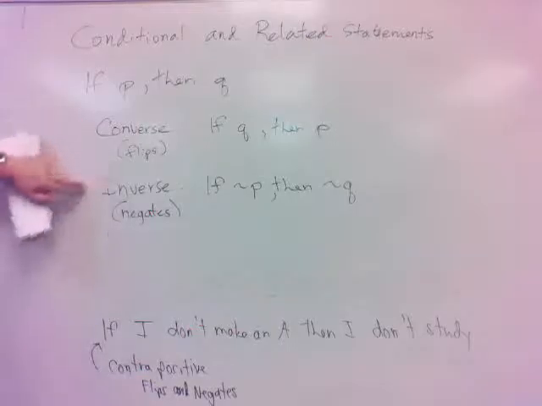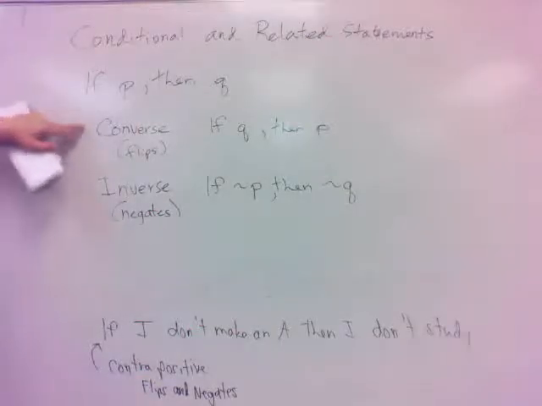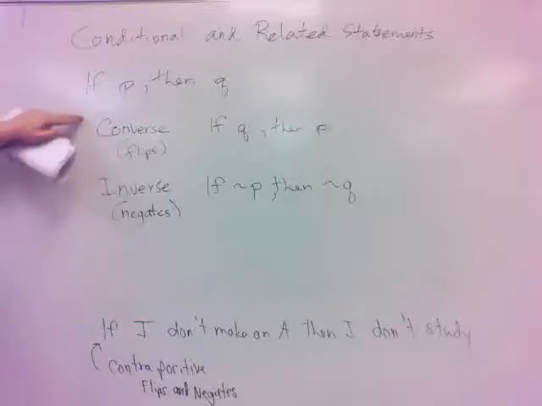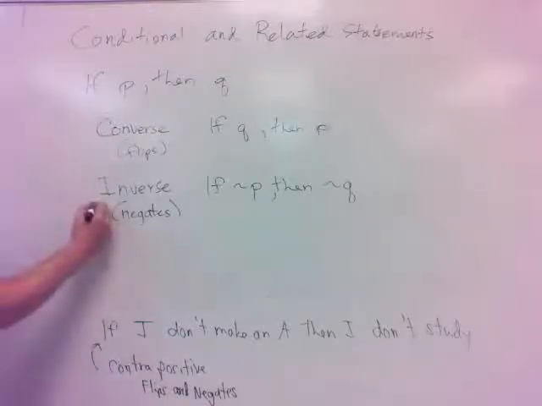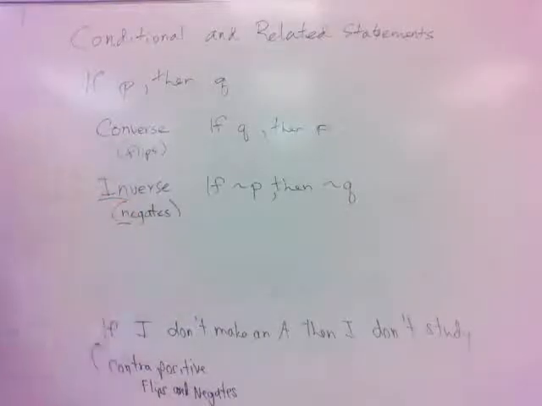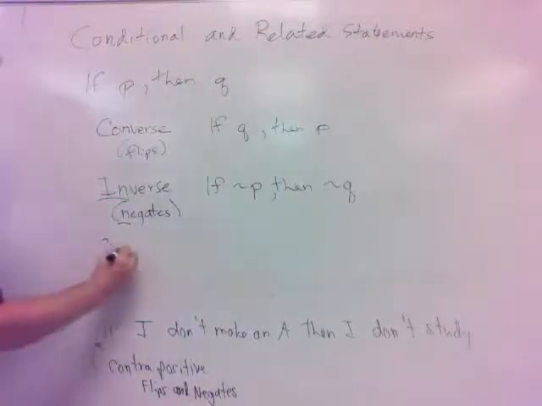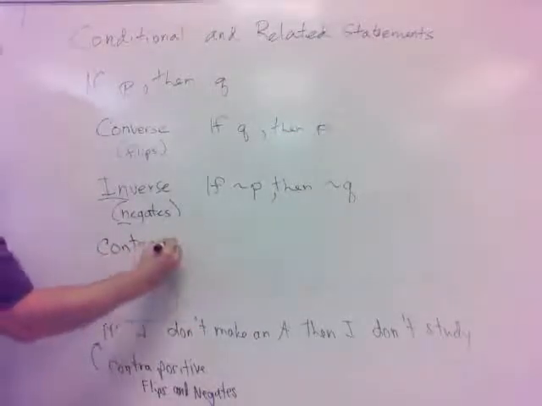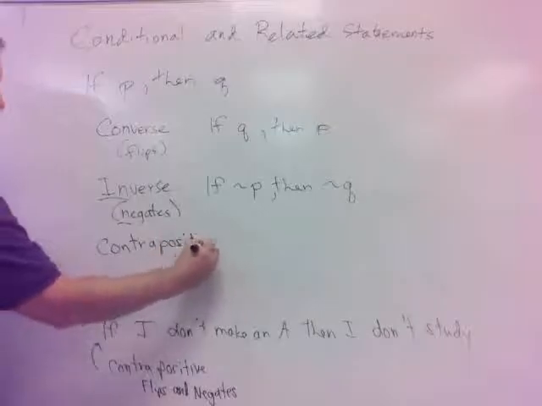And just a quick word on keeping these straight, because in the past I've had students have difficulty remembering which one is the inverse. But see, inverse negates: in and in. Kind of remember that. Converse flips. Then the contrapositive is usually pretty easy to remember, because you do both. It's the longest word.